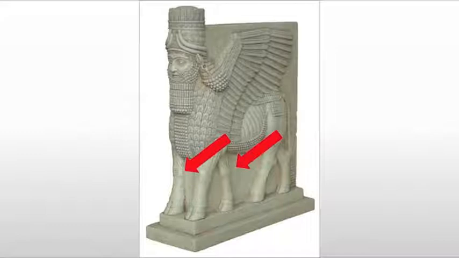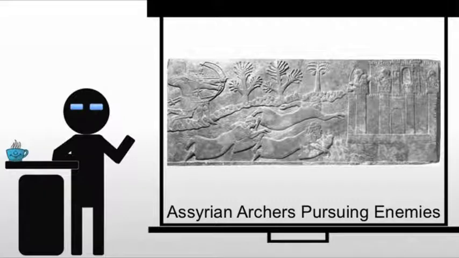So from here, we're moving on to more Assyrians, and we're dealing with the Assyrian archers pursuing enemies, and this is another piece of political propaganda. Yes, we've looked at victory steles that are clearly political propaganda. The Standard of Ur is clearly political propaganda, but this is an even more clear piece.